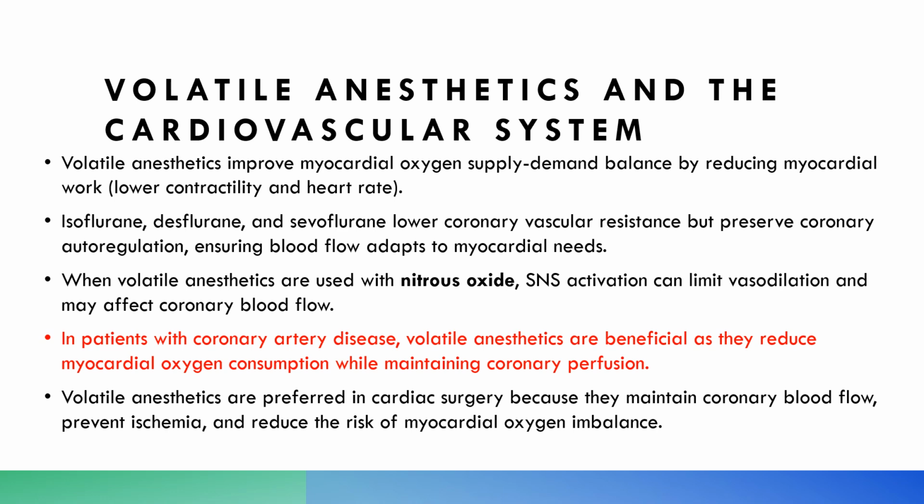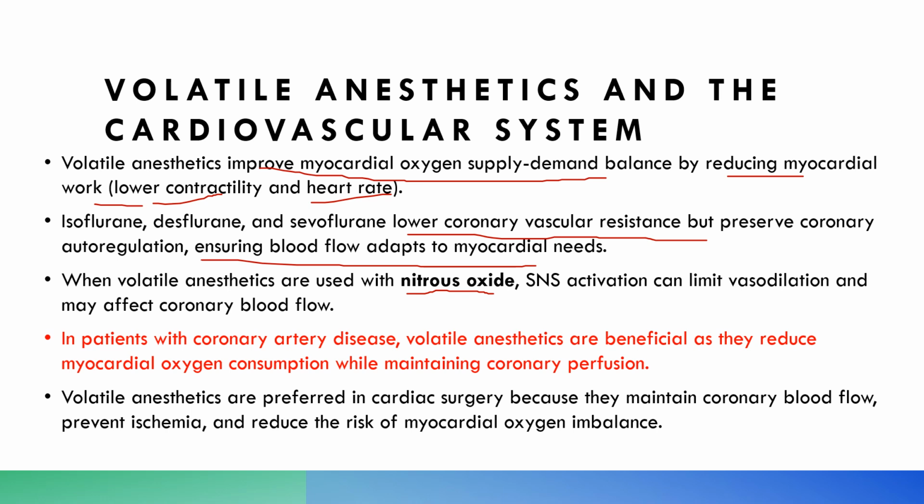So volatile anesthetics are actually going to improve myocardial oxygen supply-demand balance by reducing myocardial work. They lower contractility and heart rate, like we previously discussed. Isoflurane, desflurane, and sevoflurane lower coronary vascular resistance but preserve coronary artery regulation, ensuring blood flow adapts to myocardial needs. When we use volatile anesthetics with nitrous, the SNS activation can limit this vasodilation and may affect coronary blood flow to a greater extent.